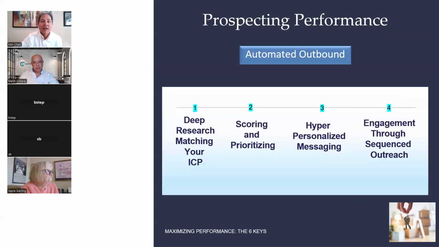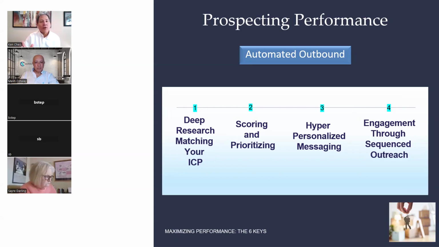And then you really need to be diligent in using the tools to deepen and improve the efficiency of your list. In sales, it starts with the quality of your list, right? So you want to do some deep research to get to your ideal client profile.